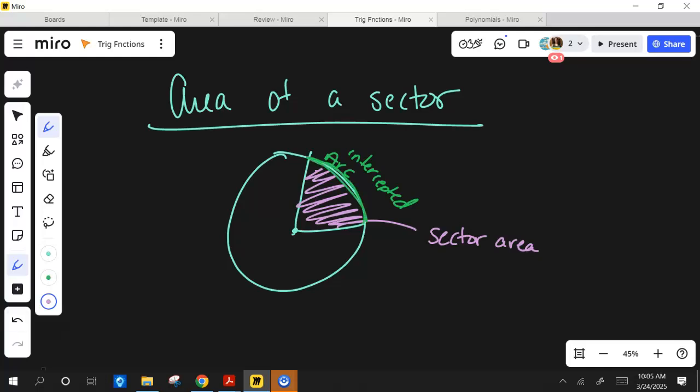All right. So I'm going to show you how to find the area of that piece of pizza or of that sector. It's 1/2 radius squared times theta. Notice it is very close to the area of a circle.